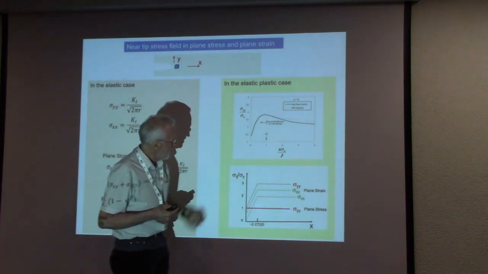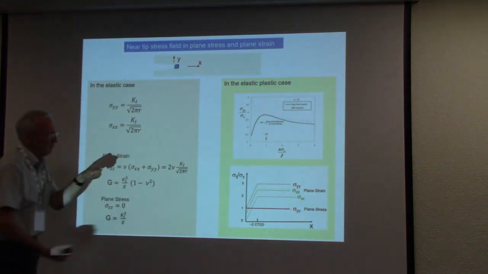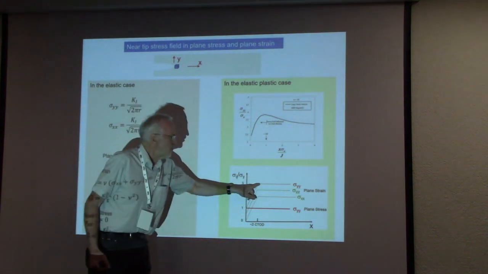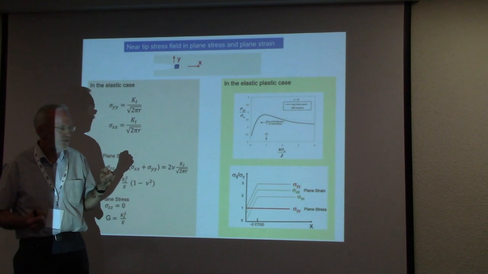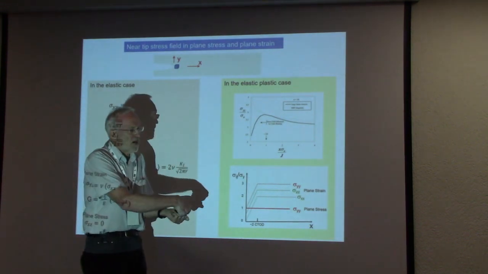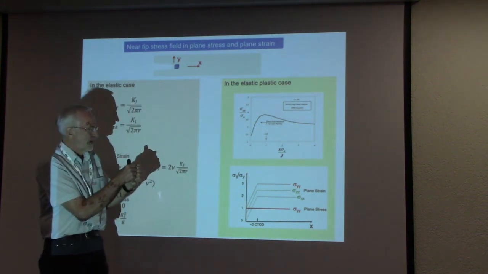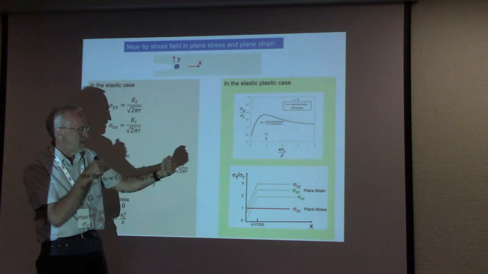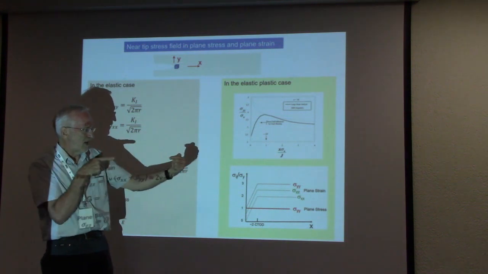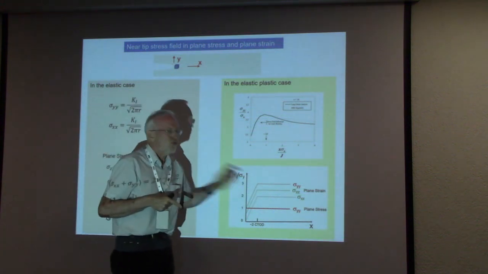But what we see is that the stress in the tension direction is now 3 times the yield stress. In the crack growing direction, it is about 2 times the yield stress. And the stress parallel to the crack front is about 2.5.